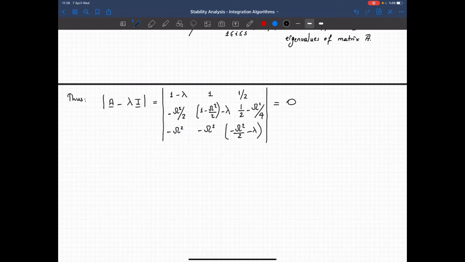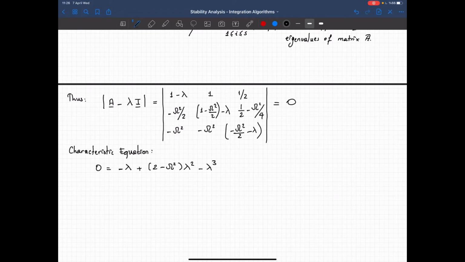When you calculate the characteristic equation for this eigenvalue problem, this is what we get: 0 is equal to minus lambda plus 2 minus lambda squared, omega squared, lambda squared minus lambda cubed.